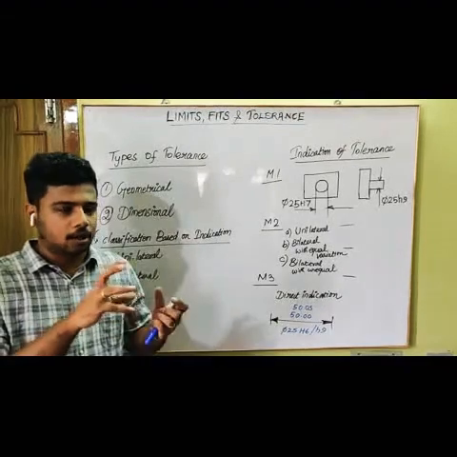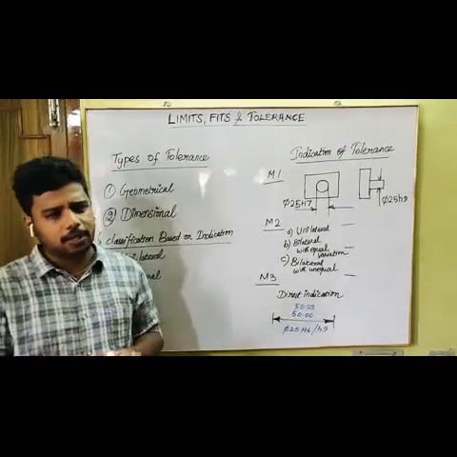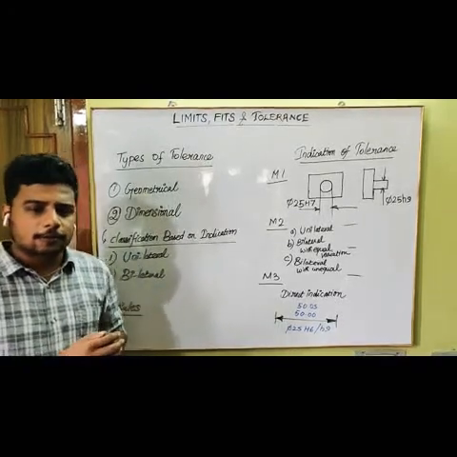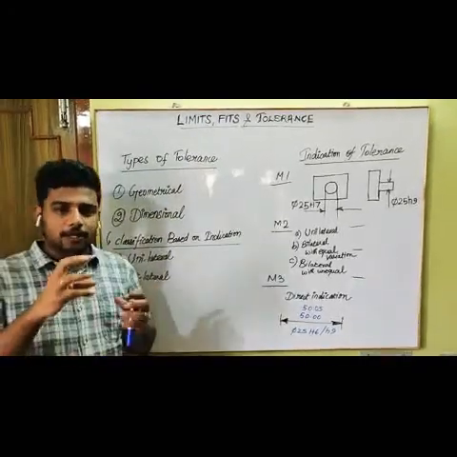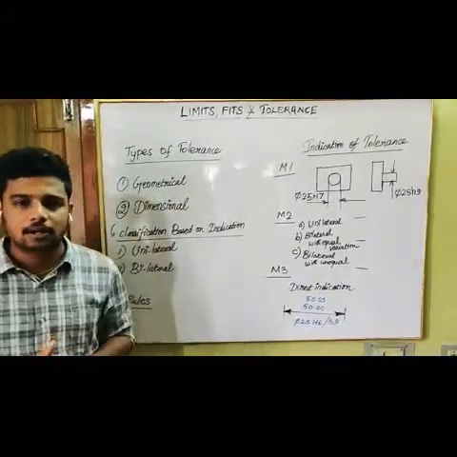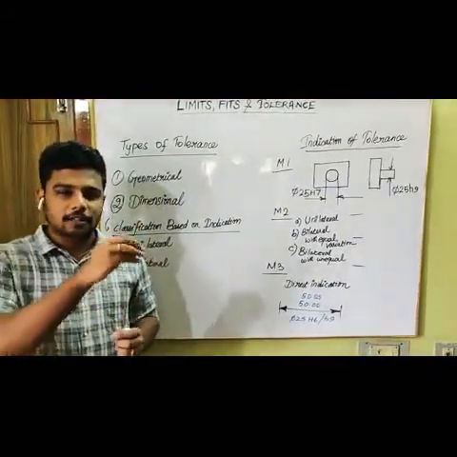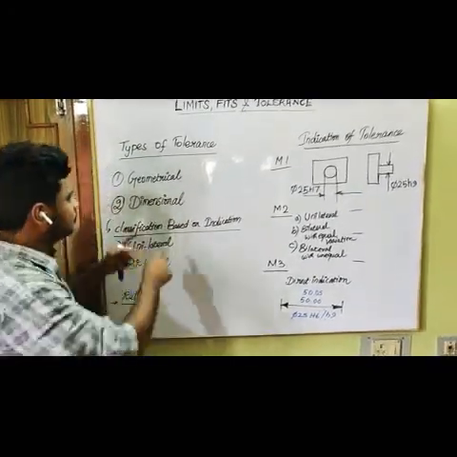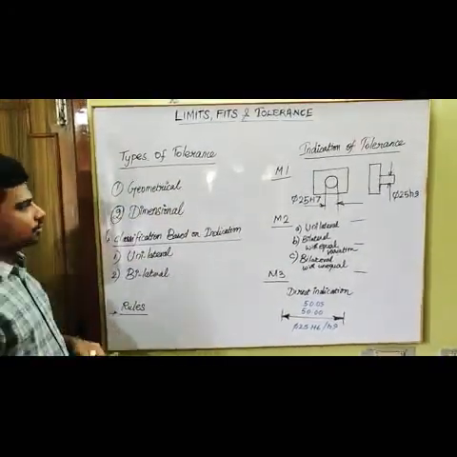The object can be a square, a cube, whatever the regular shape it is. To give a tolerance for the particular shape, when it deals with the shape, that is called a geometrical tolerance. And also you can give the positional tolerance for the component by using geometrical tolerances. That is your one type.